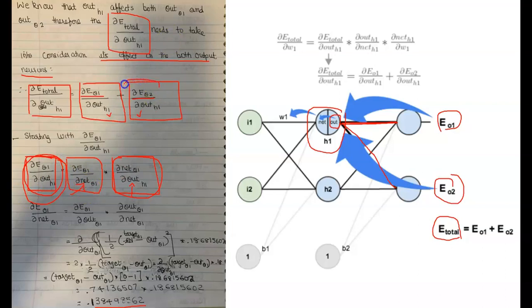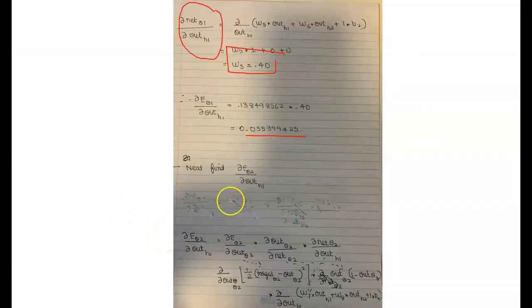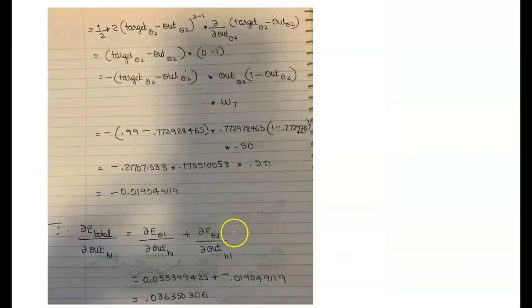Next I need to do the same procedure for dou EO2 divided by dou out H1. So here you can see I am finding dou EO2 divided by dou out H1, and I got the value to be this.